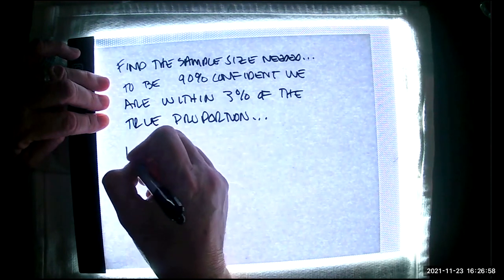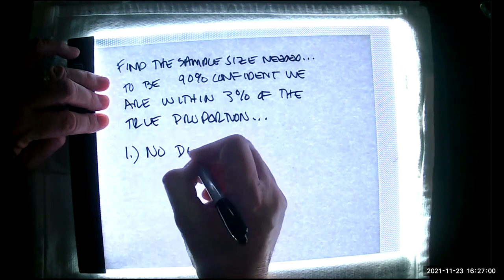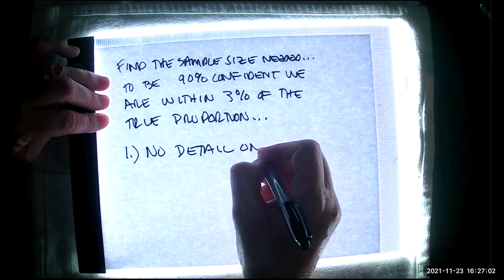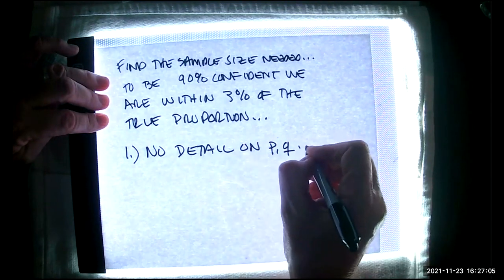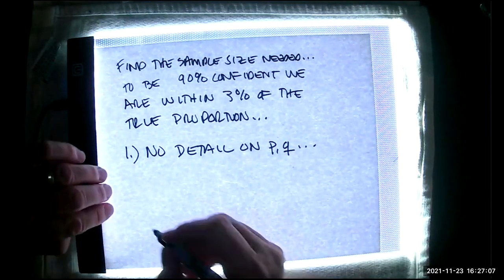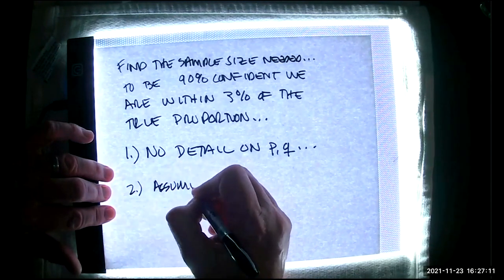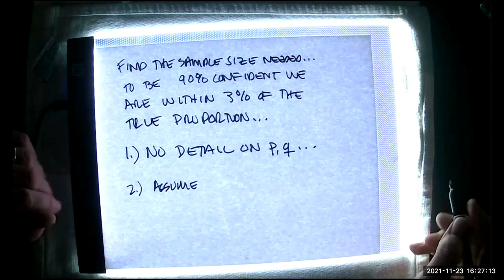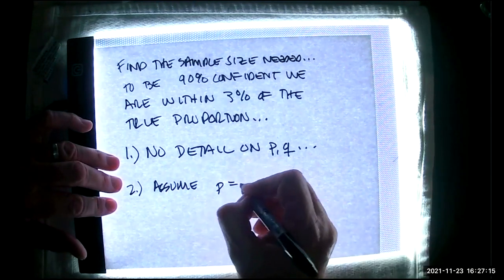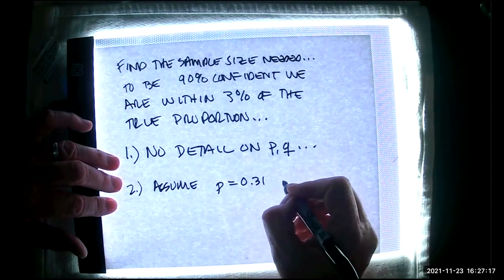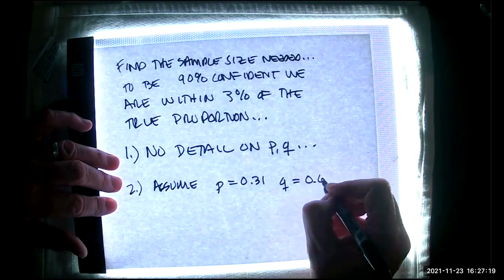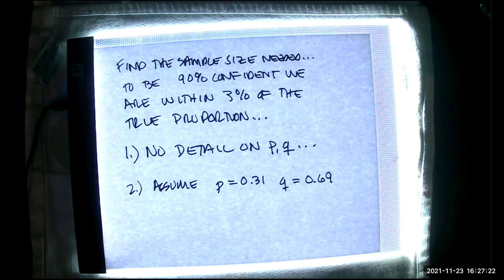And for the first example, there is no detail on P and Q. And then the second example, we're going to assume previous research has shown that P is equal to 0.31 and Q is equal to 0.69. But that's got to be provided.